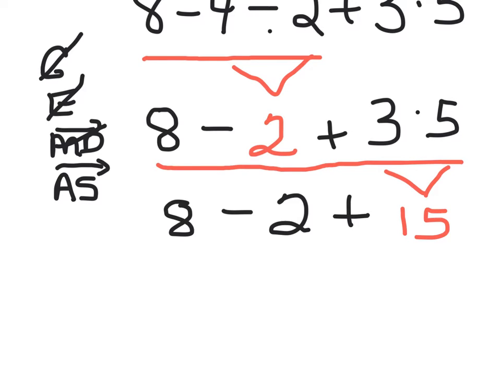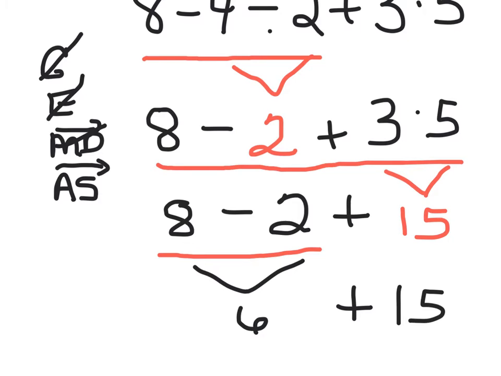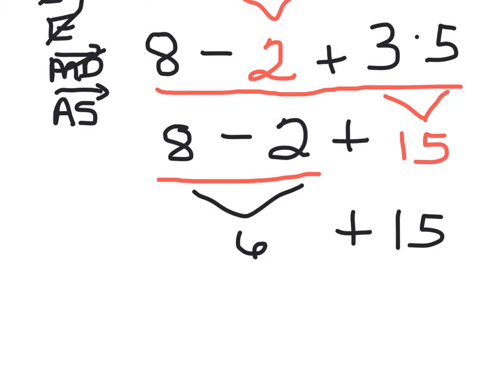So here I go again with my red line. When I see any addition or subtraction, I'm going to stop. I have a subtraction problem there. 8 minus 2, the answer is 6. Bring down everything else that I have. Have I taken care of all the addition and subtraction? I still have more.